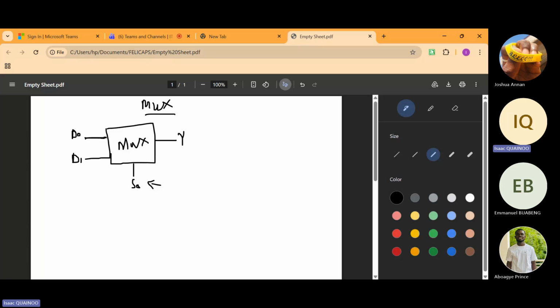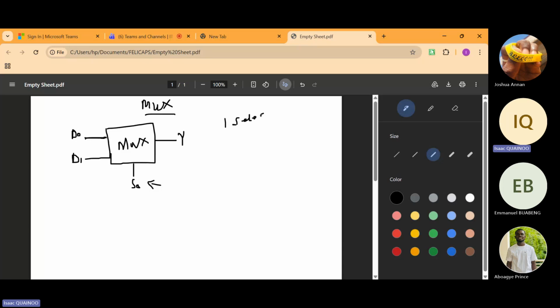And for this, you will certainly see questions in the examination. For instance, you'll be told that a selector has one select line. How many inputs does that selector have?